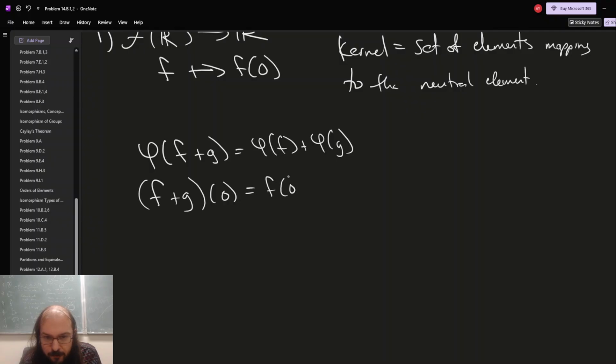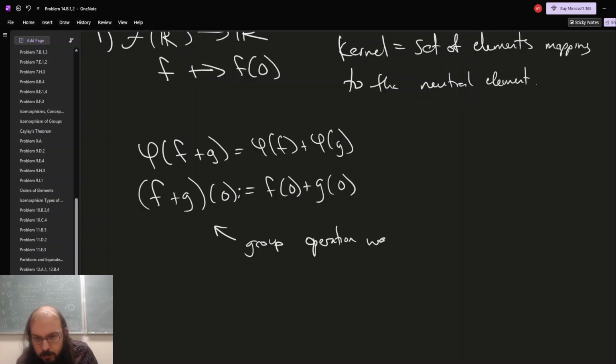This says to take f and evaluate it at 0. This tells me to take g and evaluate it at 0. And these two things are equal exactly by definition. This is how we defined the group operation on F, capital F that is. How convenient. Okay, so we see that it is a homomorphism.